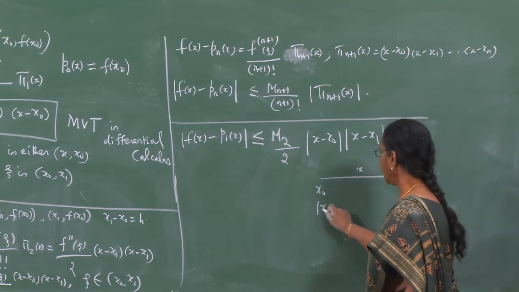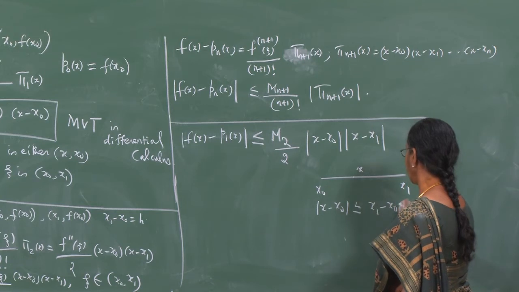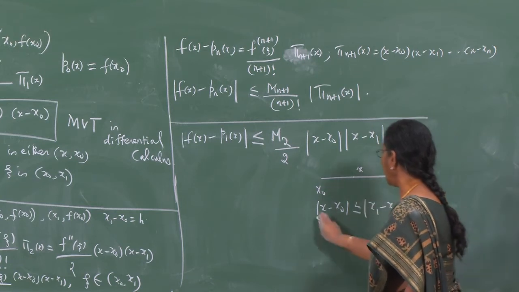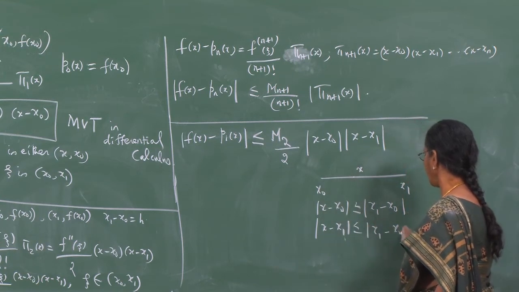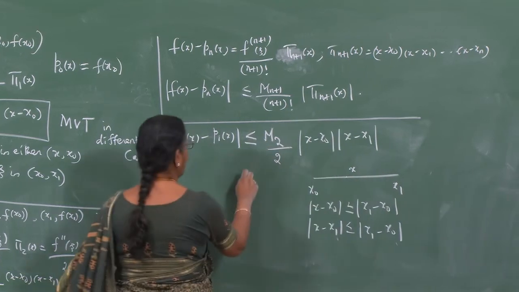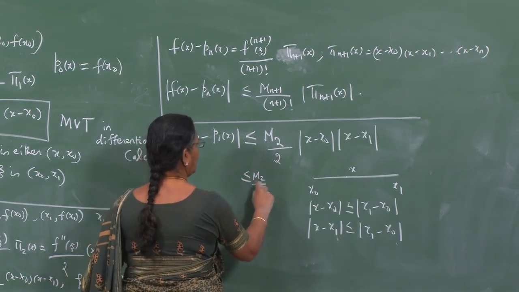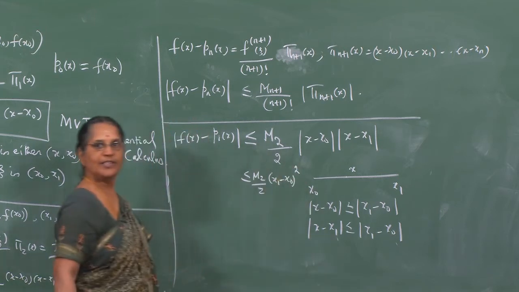So, mod x minus x naught is less than or equal to x1 minus x naught, and mod x minus x1 is less than or equal to mod x1 minus x naught. So, this will be less than or equal to m2 by 2 into x1 minus x naught the whole square.